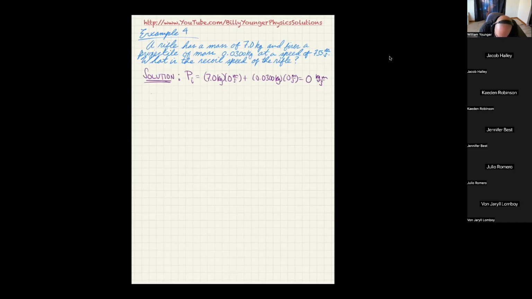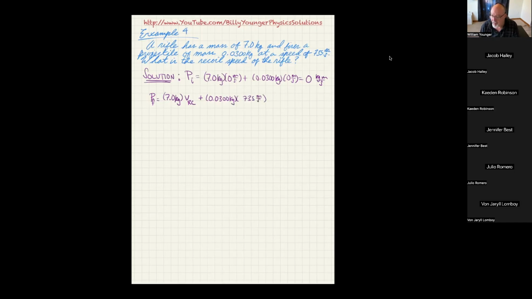Now, after the explosion, the final momentum will be 7.0 kilograms times the velocity of recoil, which I'll call V_RC. This is all one dimensional again, because we're shooting along a barrel, and the velocity of the projectile portion that was in the shell is 0.0300 kilograms times 735 meters per second.